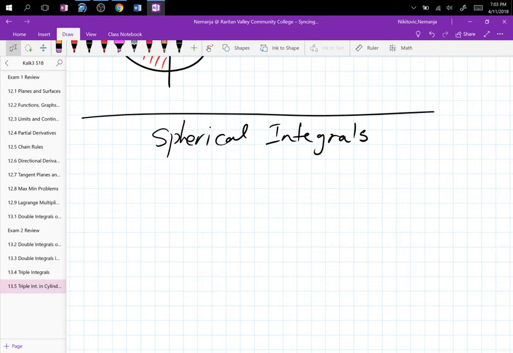You draw the radius, so whatever this is, radius is 3. And then you swing that pi over 2, or pi, or 3 pi over 2, and 2 pi for the full circle. Same as cylindrical. It has one more angle for spherical, and that's this one. Phi is measured off of the z-axis.